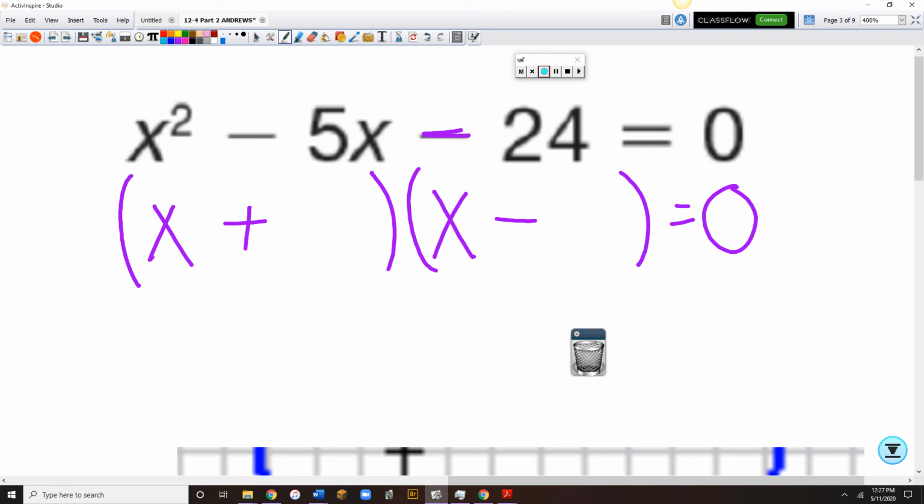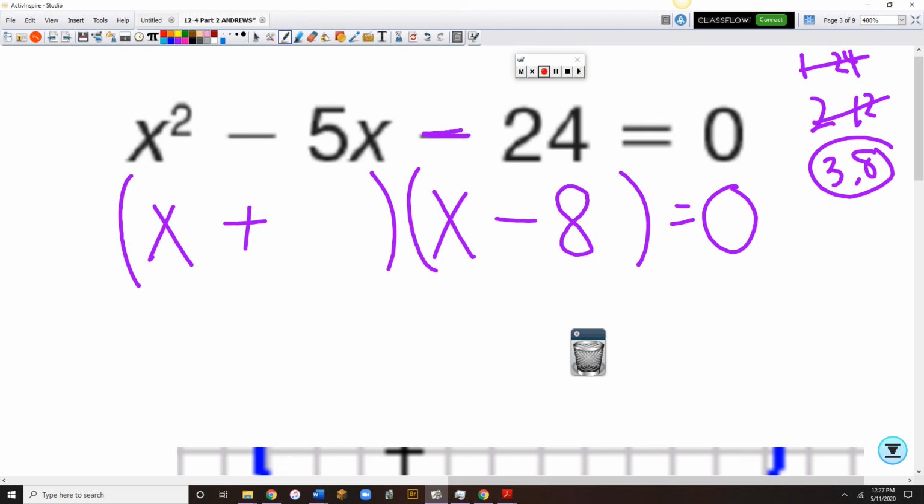So I need numbers that multiply to 24 and subtract to 5. Okay, so let's see, 1 times 24, nope. 2 times 12, nope. 3 times 8, there we go. Okay, so 8 is the larger one. It's going to go to the same sign as the 5, and 3 goes to the other.